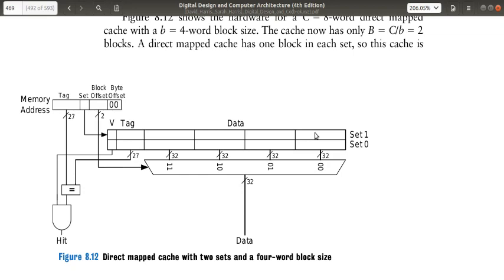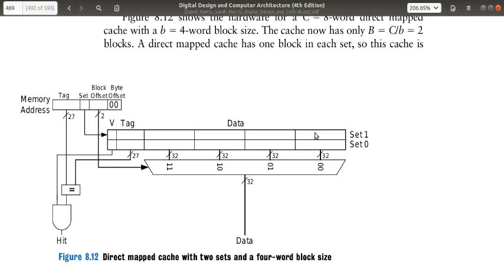But the purpose of cache is to exploit one more concept, which is spatial locality. That is, when we are taking a word of data from the memory, the chances of the nearby data words being useful is also there. Therefore, we are going to increase the number of words per block.